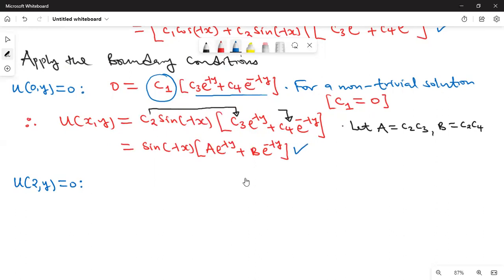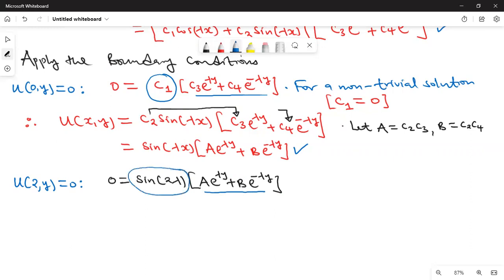So therefore, this again will give us 0 is equal to, remember x is 2, so this will be sine 2 lambda times A exponential lambda y plus B exponential negative lambda y. Again, we need a non-trivial solution. So if you want a non-trivial solution, then this cannot be 0. So we only remain with sine of 2 lambda, which can be equal to 0.